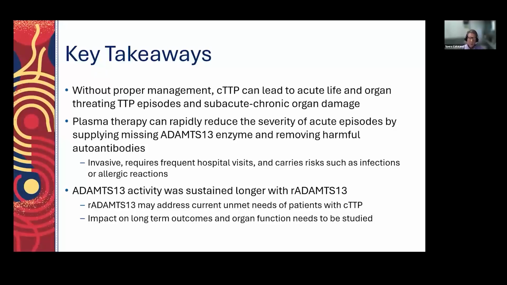But it's invasive. It requires frequent hospital visits, carries risks such as infections, and more commonly, allergic reactions and hypersensitivity reactions to the plasma. It's important to emphasize also that the ADAMTS13 activity was sustained at a greater level, over 10%, with recombinant compared to the plasma-based therapies.